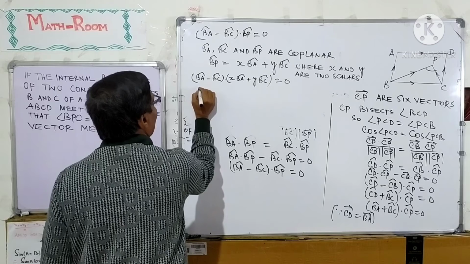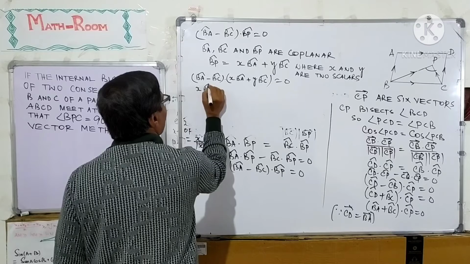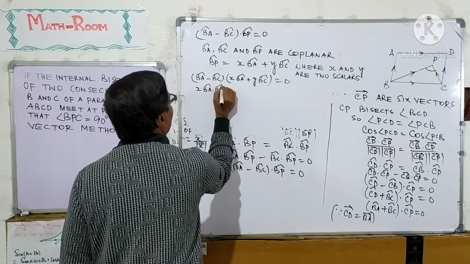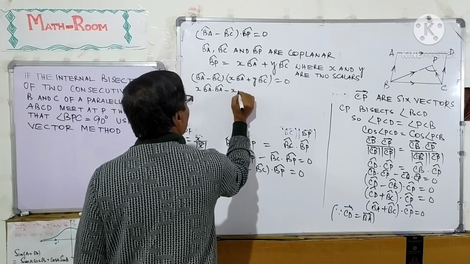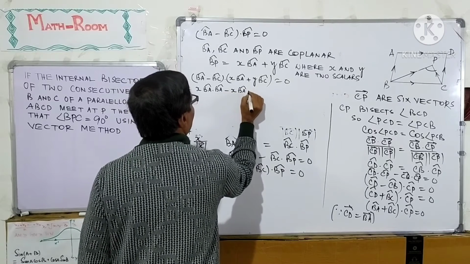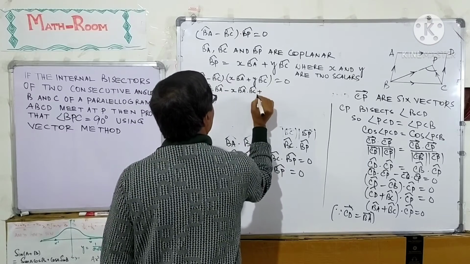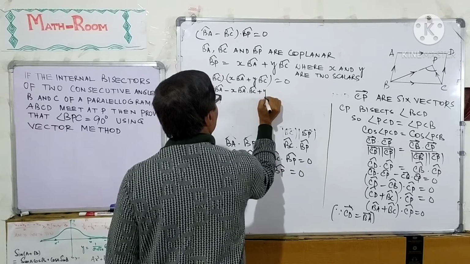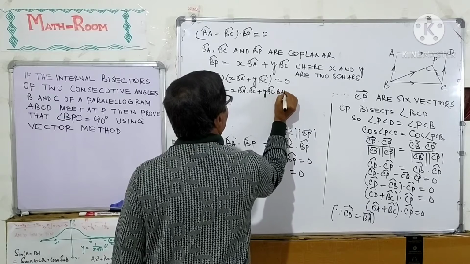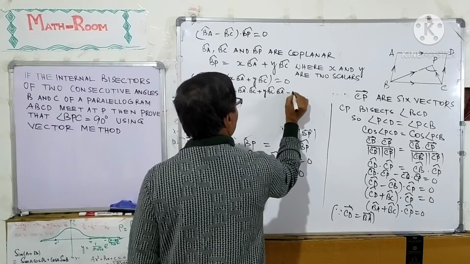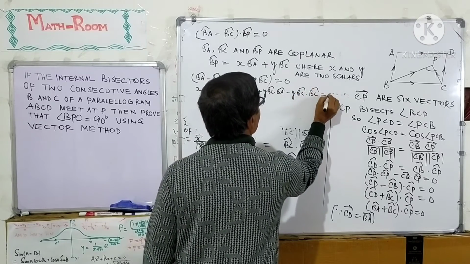So, x BA cap dot BA cap minus x BA cap dot BC cap plus y BC cap dot BA cap minus y BC cap dot BC cap equal to 0.